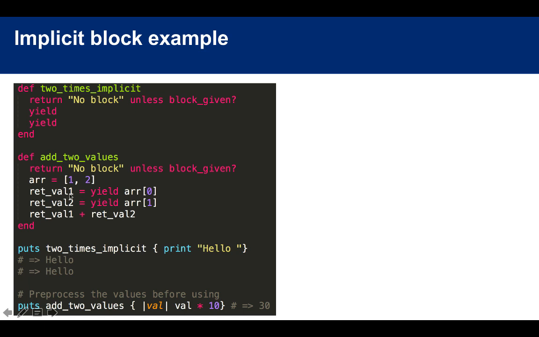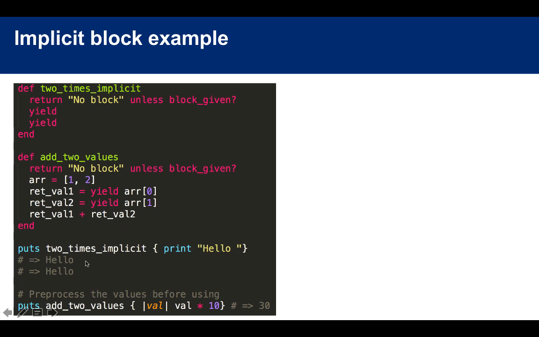But before you add the values, you actually want to pass the values to a block, right? So you yield the control of whatever is array[0] to a block, and then you yield the control of array[1] to a block. And again, the block definition is something that you're going to pass in when you actually call the method. And then after you have those 2 values defined, you actually add return value 1 and return value 2.